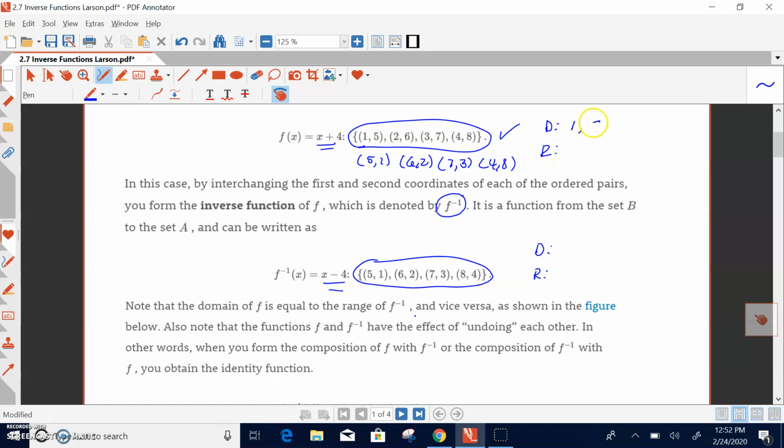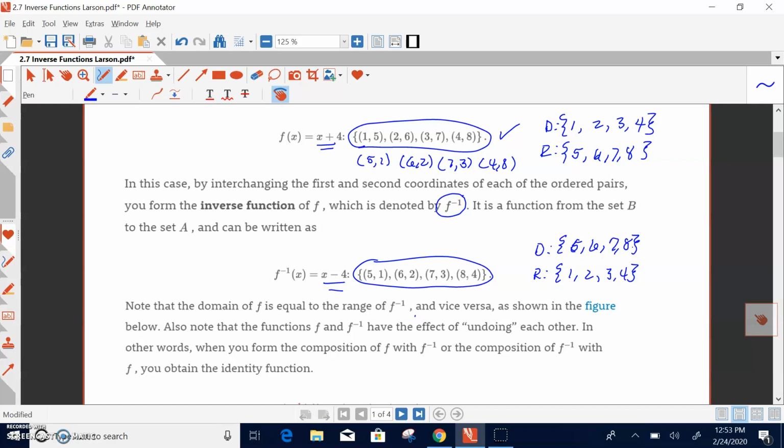So if the domain looked like this, then that domain becomes this guy's range. So they're switched. So we're kind of swapping out x's and y's, which means we're going to swap out domains and ranges. So this range was 5, 6, 7, 8. This domain is 5, 6, 7, 8. So notice how those two guys switch.